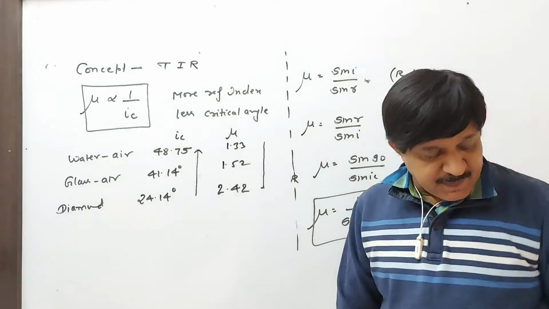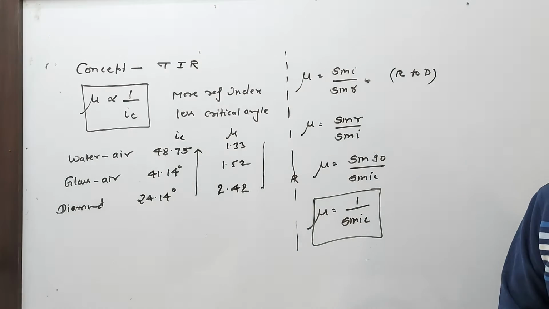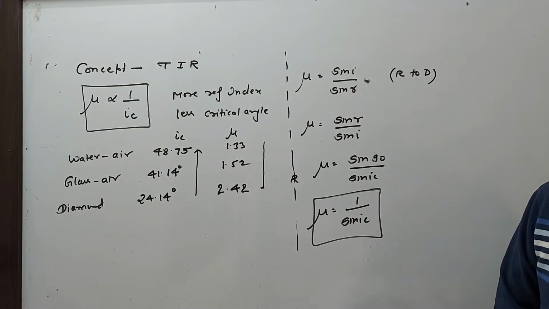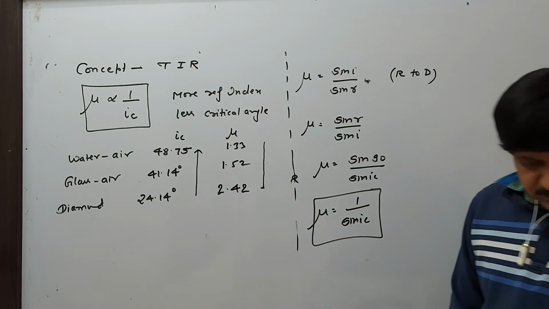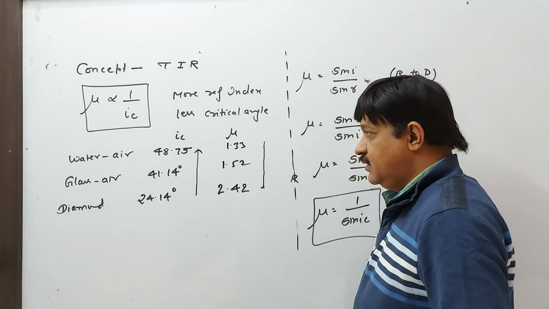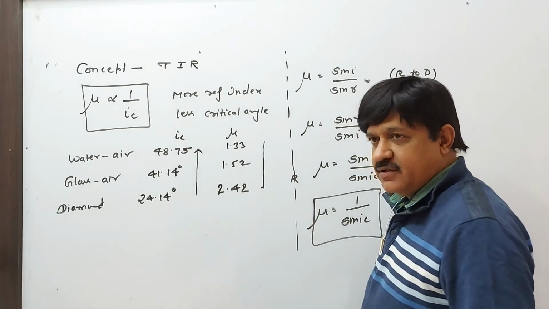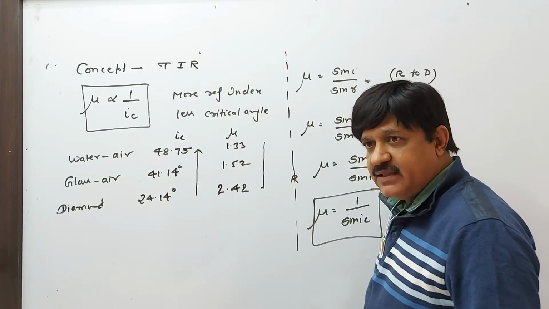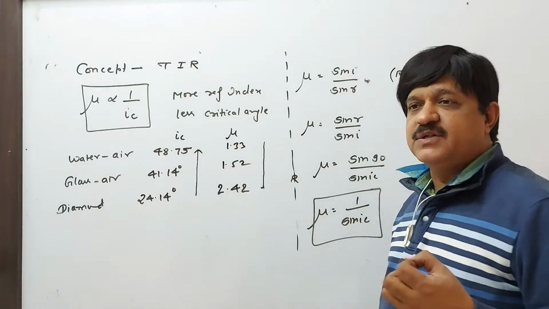That is why diamond sparkles. When light enters a diamond, it suffers total internal reflection and comes out from only a few places, and that's why diamond appears to sparkle.